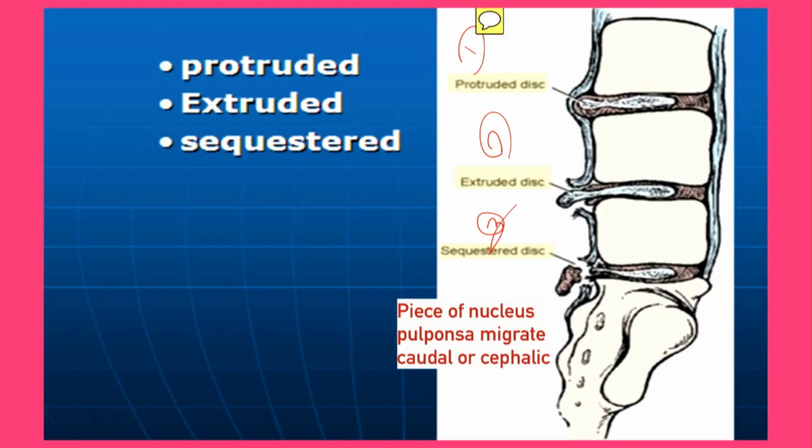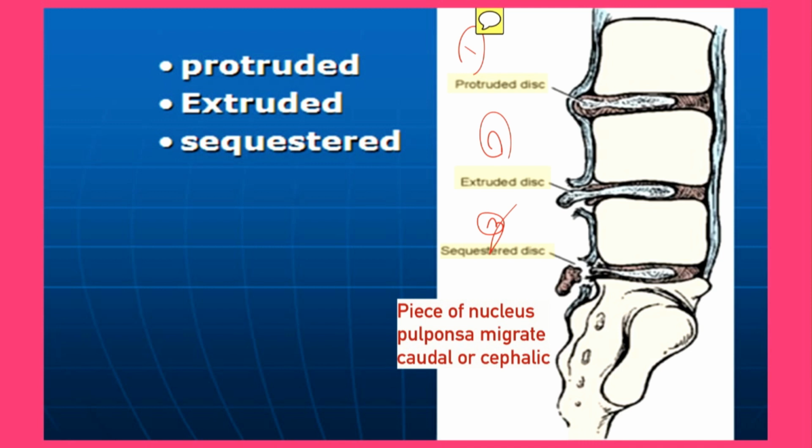So in case of the disc prolapse, we have different types. Either protruded disc, as shown in this picture, or we have extruded disc when there is a ligamentous injury, and sometimes we have a sequestrated disc when part of the disc is sequestrated and enters the spinal canal, and the piece of the nucleus pulposus will migrate caudally or cephalically according to the motion of the spinal column.